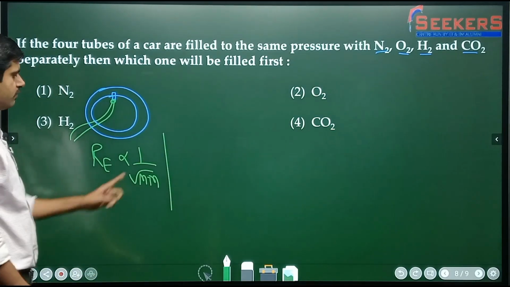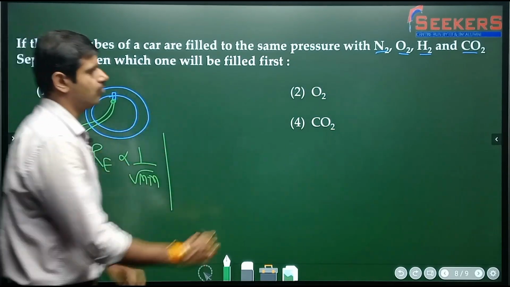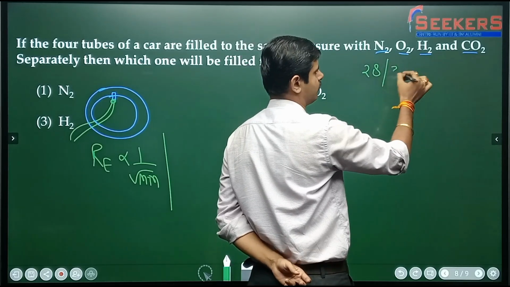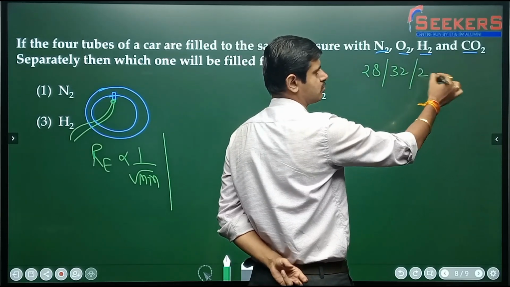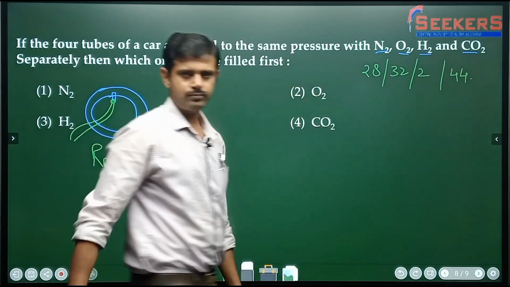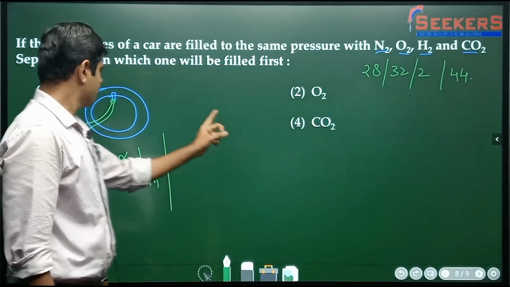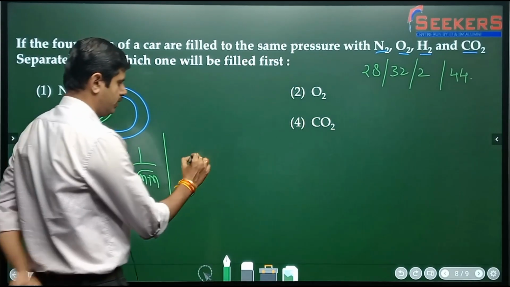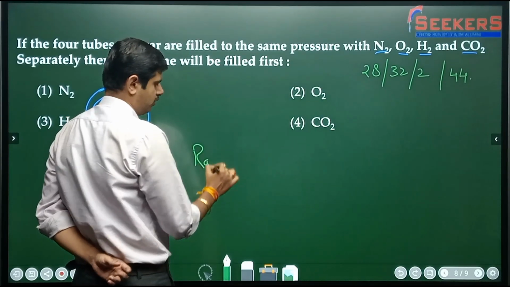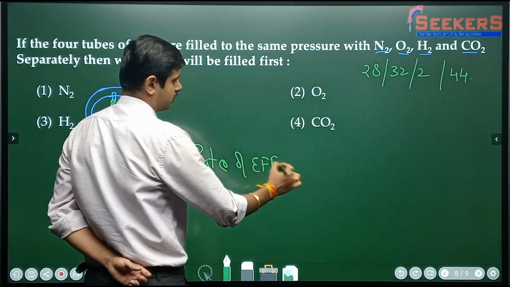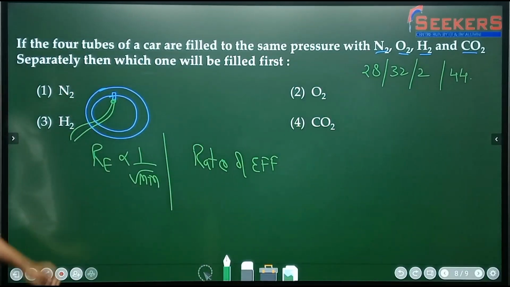N2 molecular mass is 28, O2 molecular mass is 32, H2 molecular mass is 2, CO2 molecular mass is 44. Clear? So we'll arrange in order of rate of effusion.